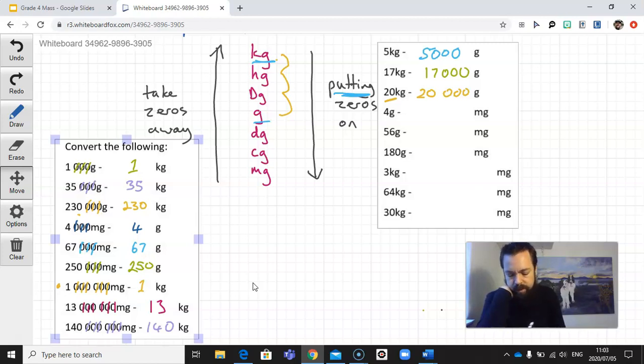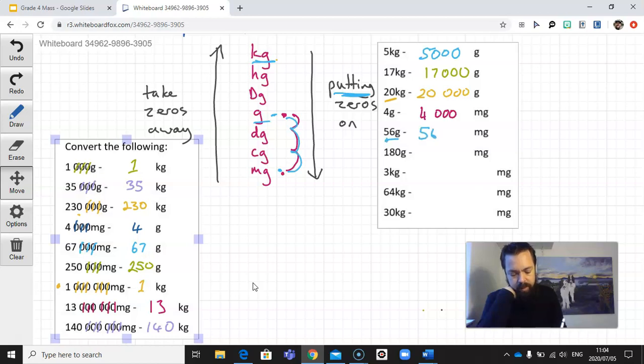For the next one, I'm now going from grams down to milligrams. 1, 2, 3, put on 3 zeros. For the next one, again, same one, from grams to milligrams. 1, 2, 3.